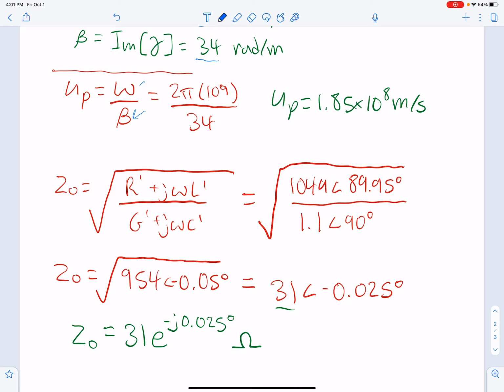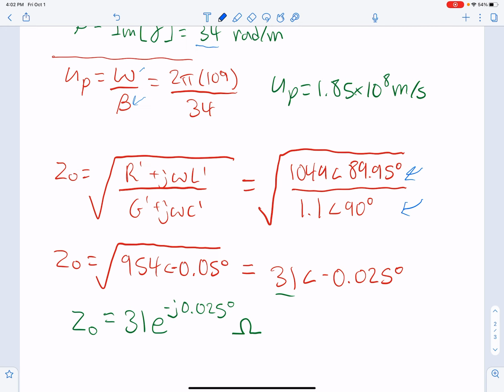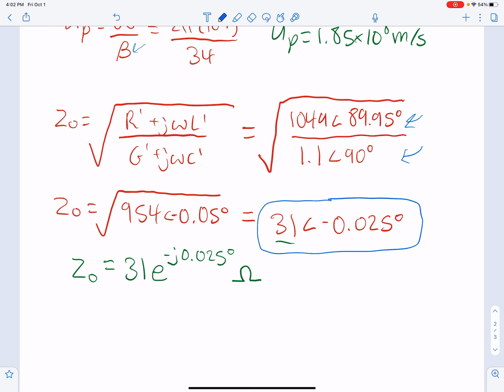Remember, you just subtract your bottom angle from the top one for division, and we get our form as this. We want to convert to our exponential form, so our final answer is 31 e to the negative j 0.025 degrees. And remember, our units are in ohms since it's an impedance.